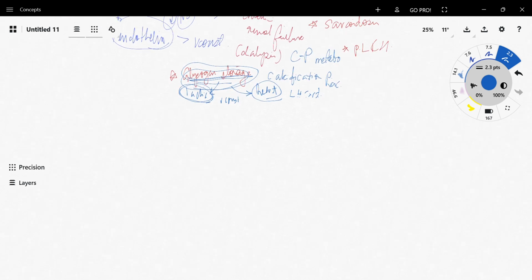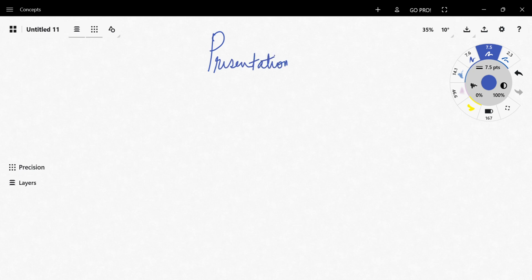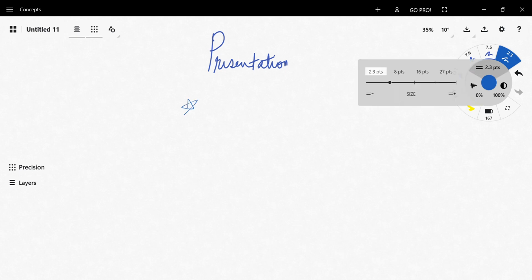Now let's talk about the presentation. So how is pulmonary artery hypertension going to present? Obviously, it's going to cause right heart strain, right?